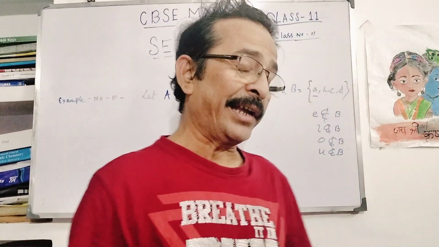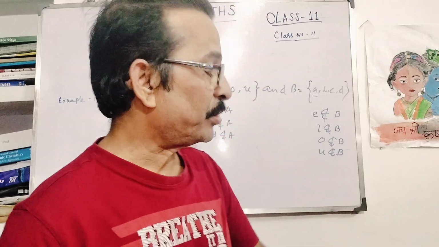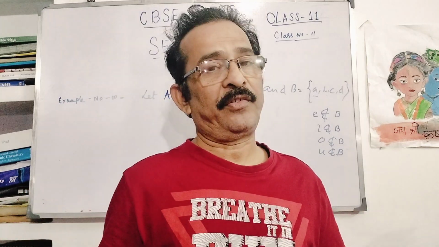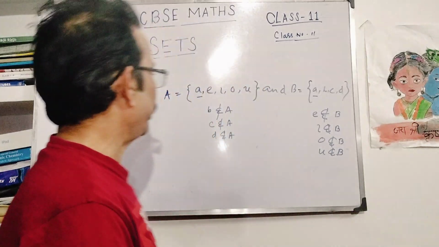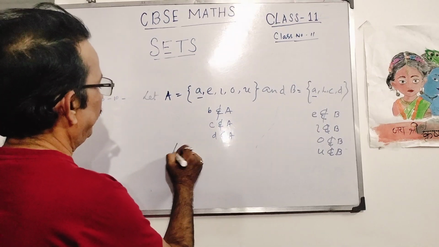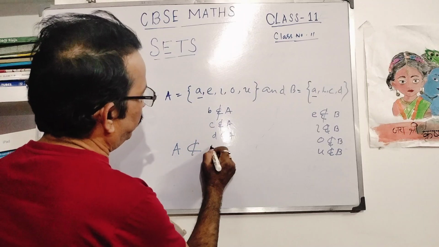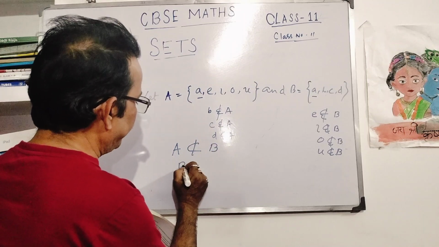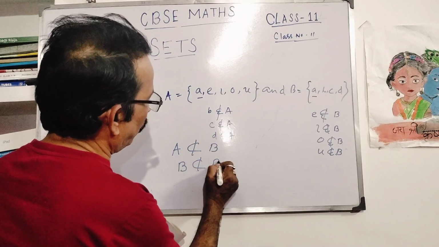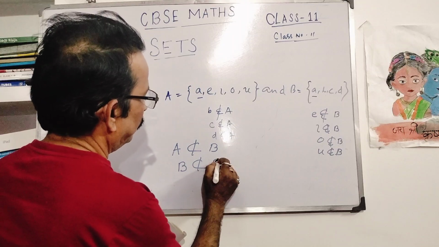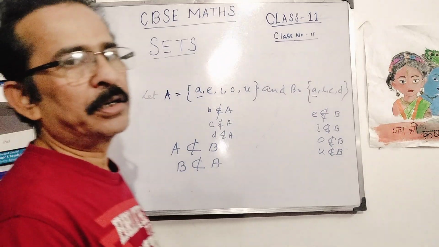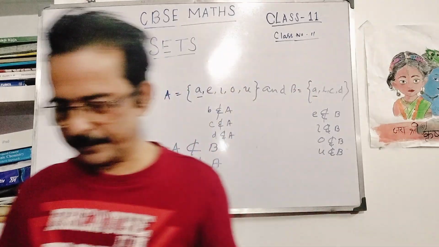Now we can say that these are not subsets. So we can write that A is not a subset of B and B is not a subset of A. Clear?